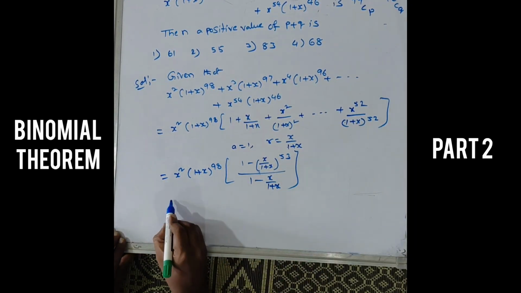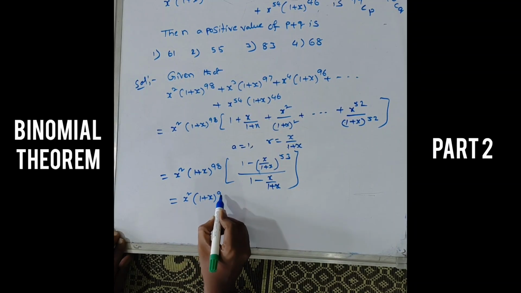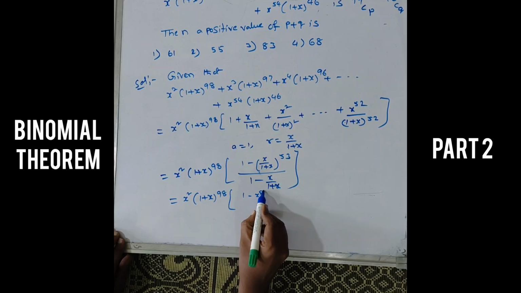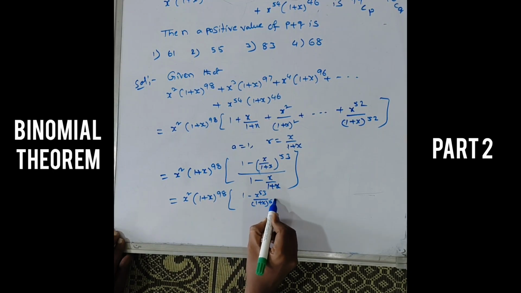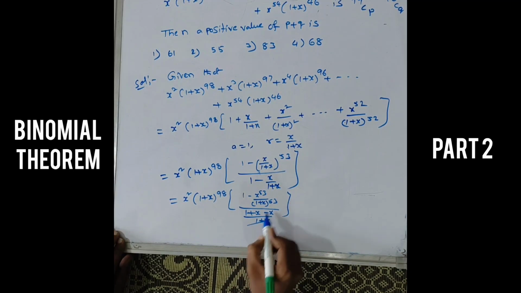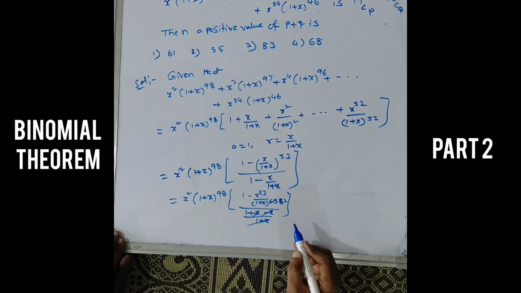This can be written as x^2(1+x)^98 into 1 minus x^53/(1+x)^53, over (1+x)/(1+x) minus x/(1+x). The 1+x cancels one time, leaving 52; minus x plus x cancels.